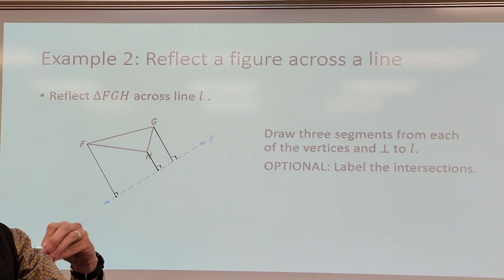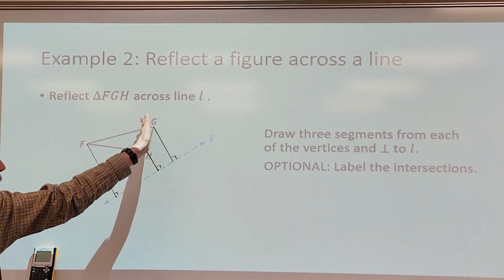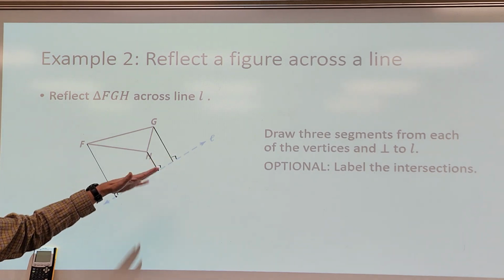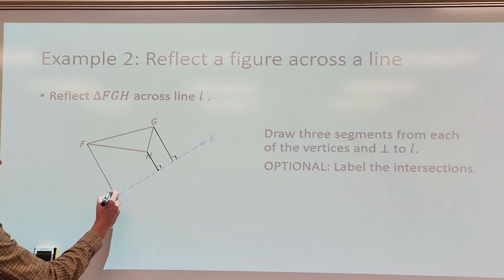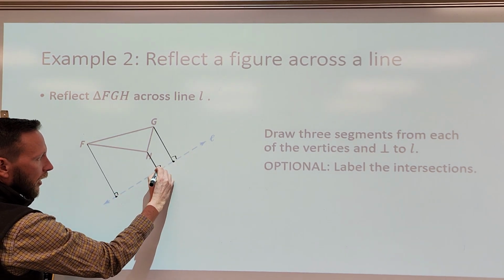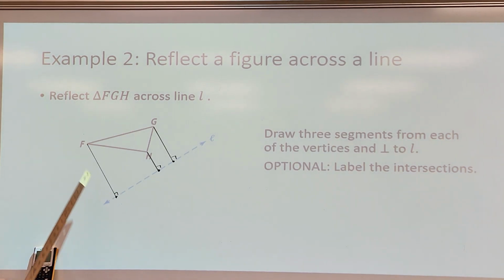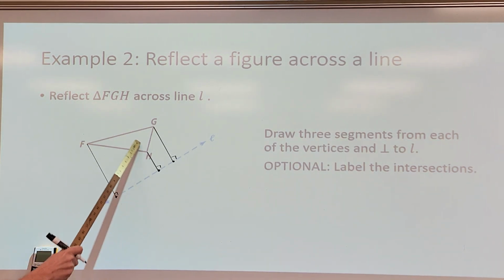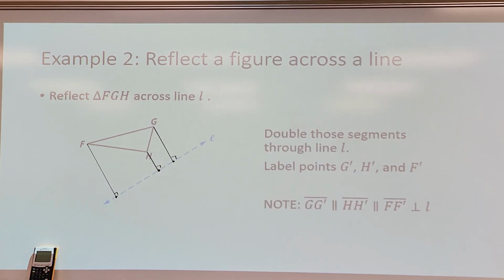That's a good kind of spot check. Now, you can label those intersections if you want to. You can call this point A, B, and C if you want to. It is not necessary, but it's important to note that each of those line segments ought to be perpendicular to the line of reflection.